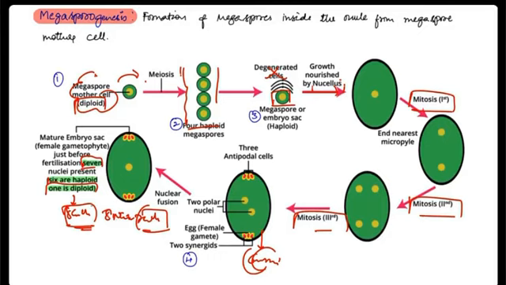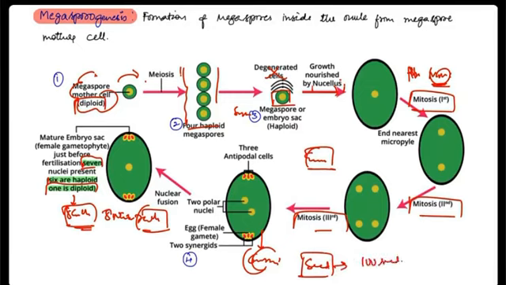Clear? So this is about the process of sporogenesis and gametogenesis in case of the pistil, or megaspore mother cell. So in the exam, you can get a question regarding seeds: the number of meioses that are required to form 100 seeds. What will be your answer?